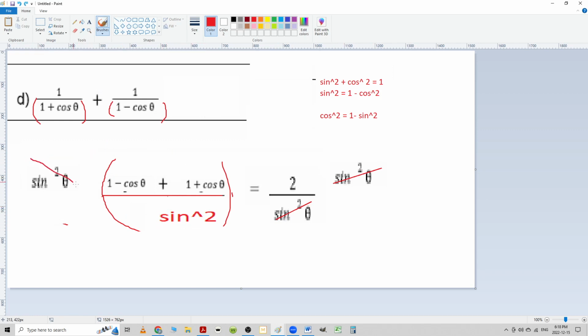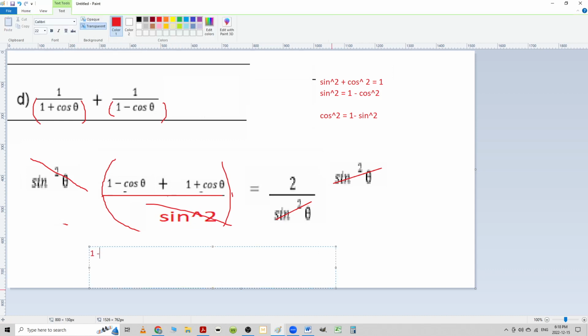So these cancel here. And I'm left with this. 1 minus cos plus 1 plus cos is equal to 2. Well, minus cos plus cos cancel out, and I'm left with 1 plus 1. And it's quite clear that 2 is equal to 2. There you go.